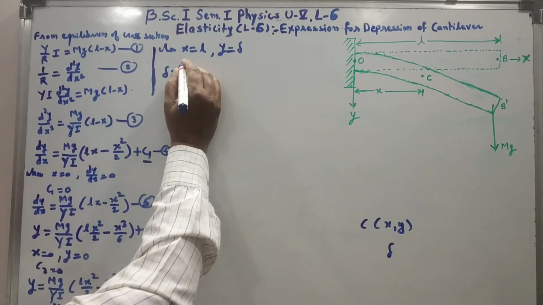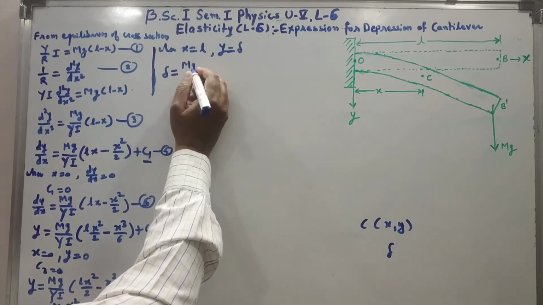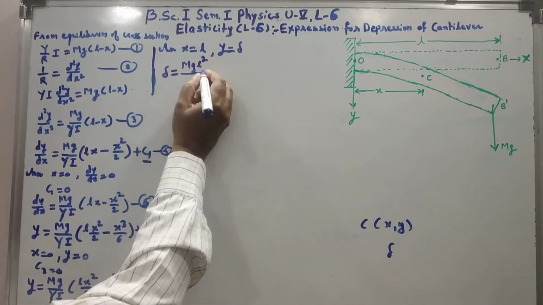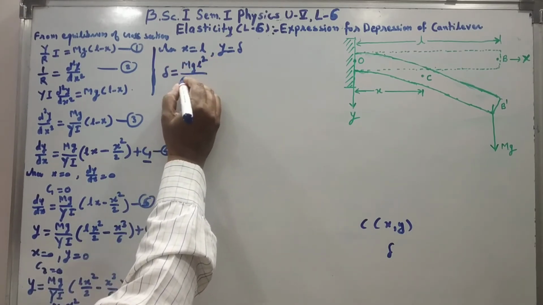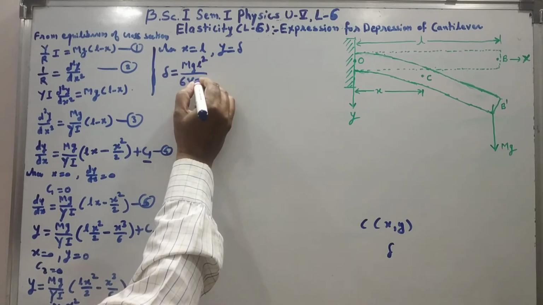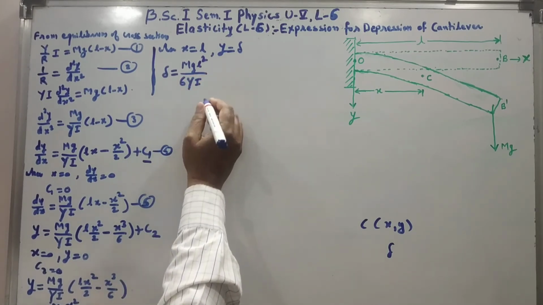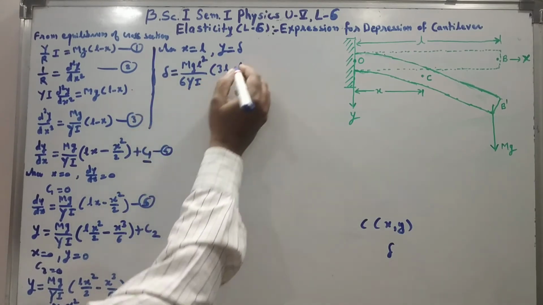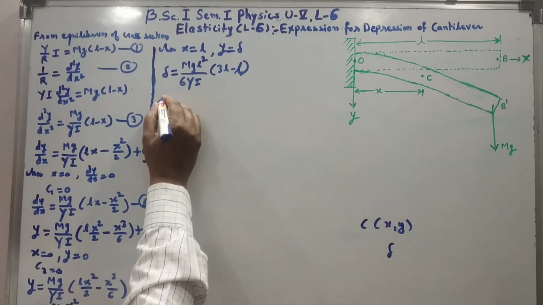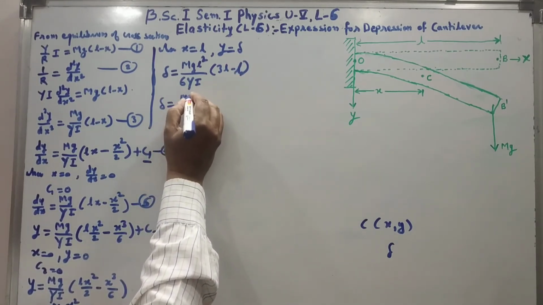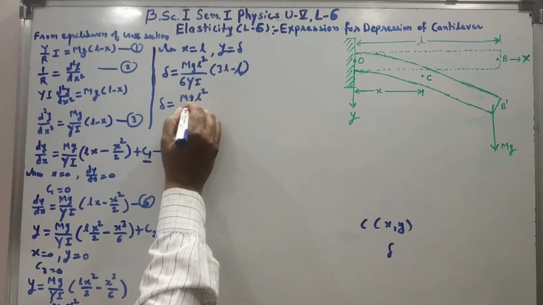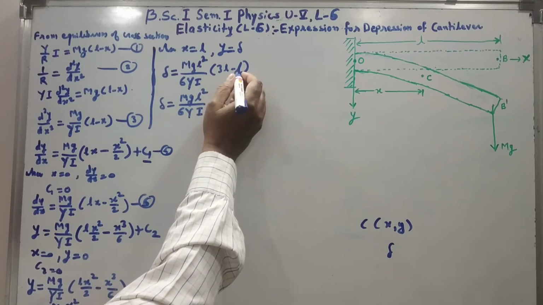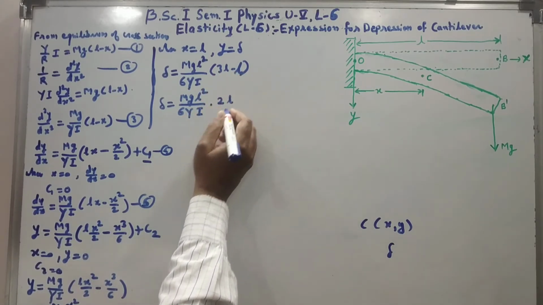Therefore the maximum depression delta is equal to mg L square divided by 6 capital YI, into 3L minus L, which is 2L.